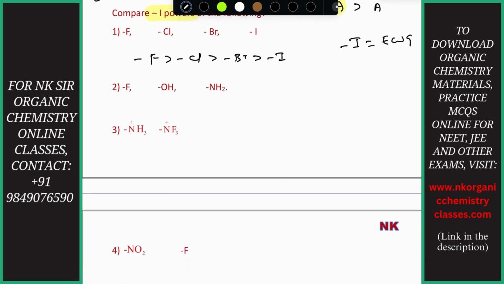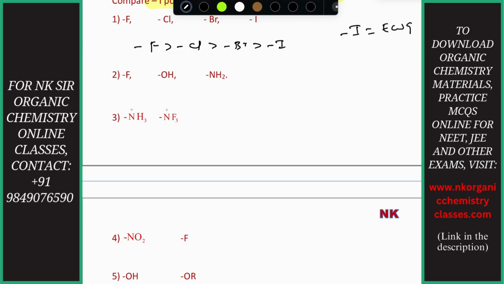Then the second question, you see clearly: fluorine, OH and NH2. So what is their minus I power order? The minus I power order is fluorine greater than OH greater than NH2. Why? As I stated already, fluorine is highly electronegative, the second highest is oxygen and the third highest is nitrogen.